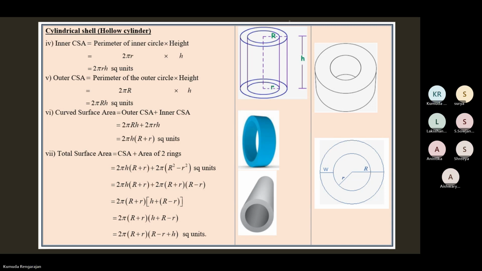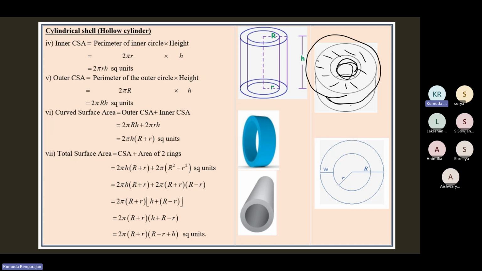Now, when you have to find area, supposing you have a solid like this and you have to paint it up. Where all should you paint? You should paint this inner CSA. Then you must paint the outer CSA. And then you must paint this ring on the top.